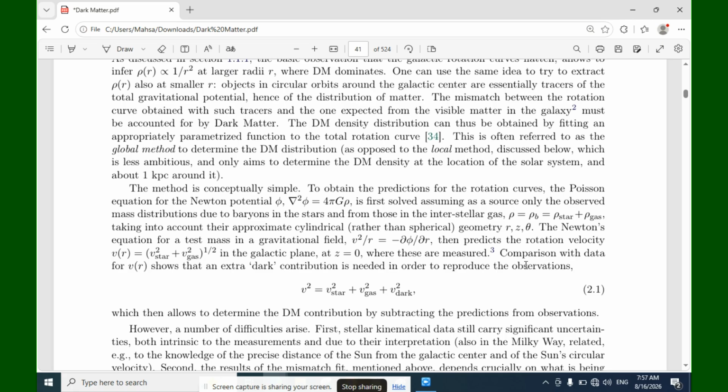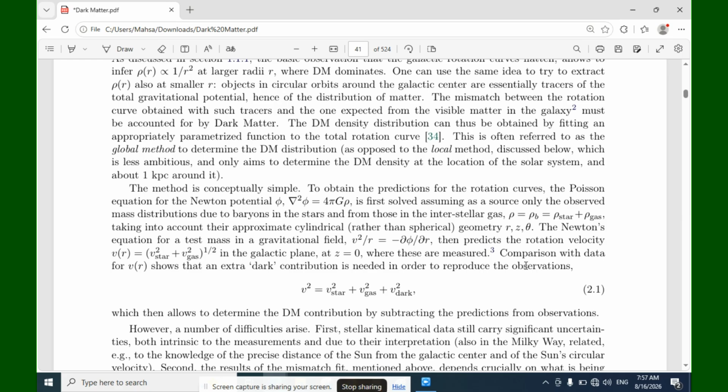Then the Newton equation for a test mass in a gravitational field, v²/r = −∂Φ/∂r, where ∂ is the partial derivative, predicts the rotation velocity v(r) = (v_star² + v_gas²)^(1/2) in the galactic plane at z = 0, where these are measured.